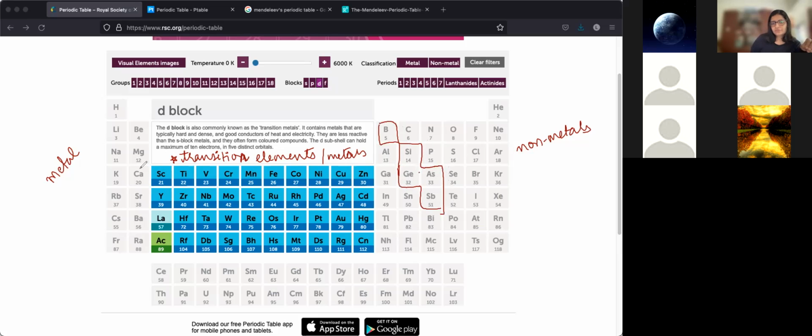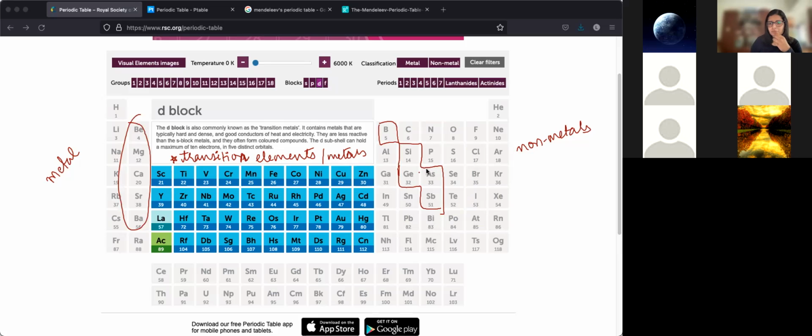Because you have to go through the D block to get to your P block and the non-metals, these are called transition elements. This is kind of like a bridge between extremely metallic things and the elements that show a non-metallic nature.